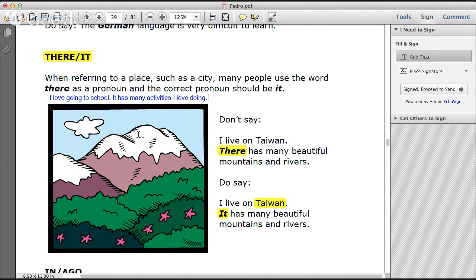It has many activities I love doing. So we're going to create two sentences, and that's what I want you to do. We're going to use a short sentence at the beginning, and then you want to use the word it to represent that place. We're not going to use there. Okay, so let's start off with David.